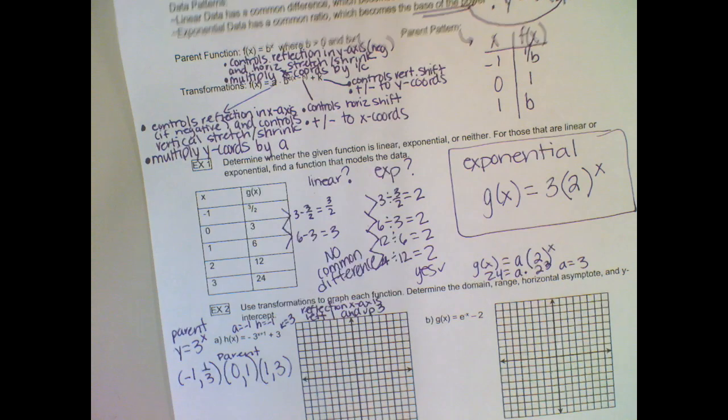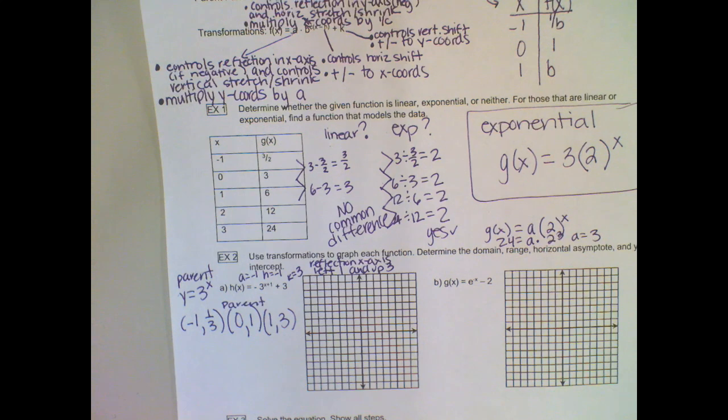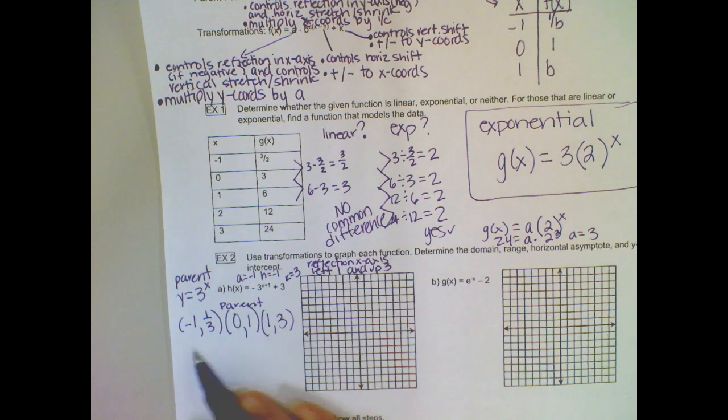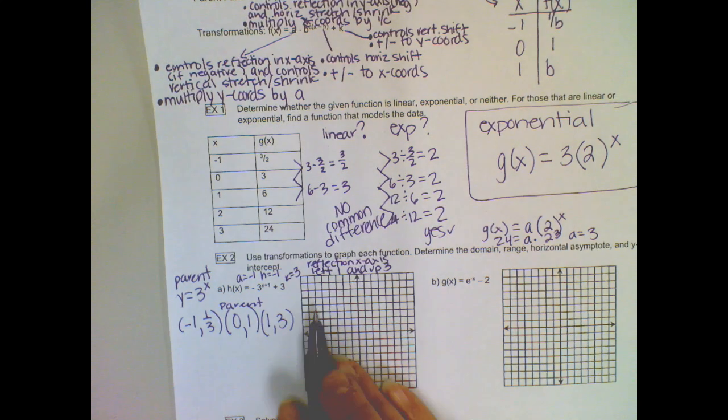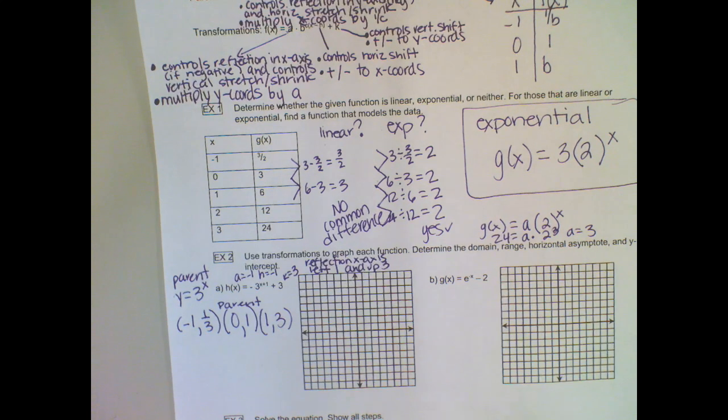Because again, sometimes you have a choice as to how you want to show work on transformations. I'm going to do the coordinates here, but you could graph all of the stages if you so desired. Remember that multiplied changes should be happening before addition and subtraction.